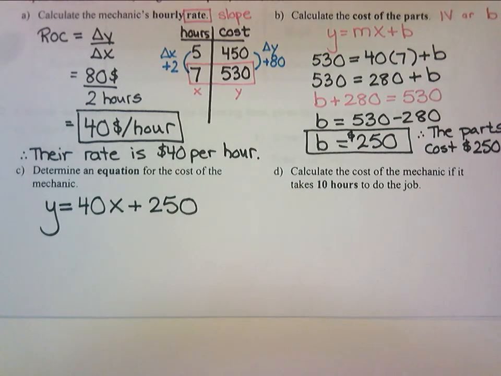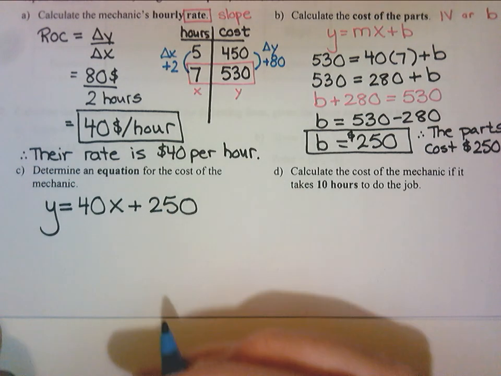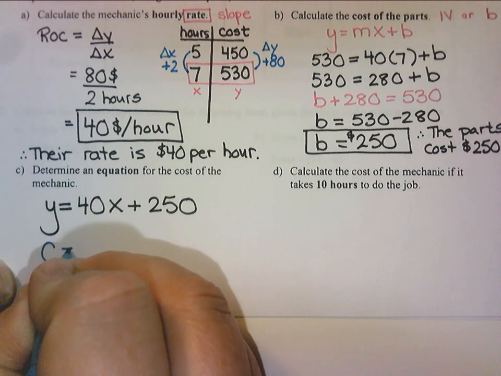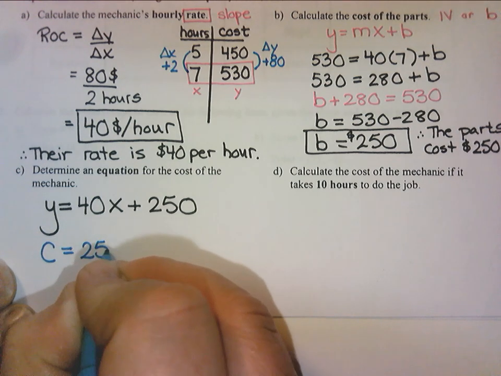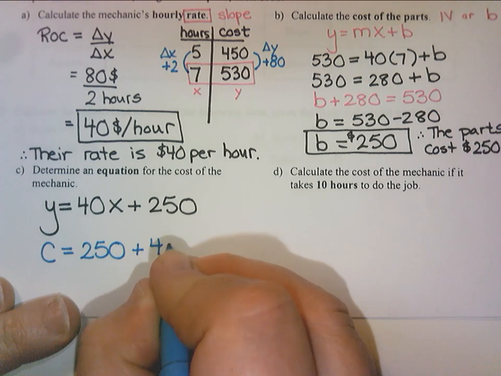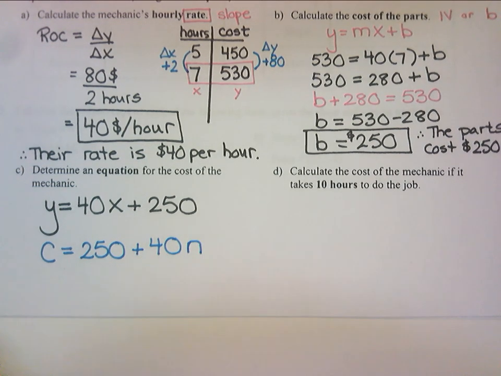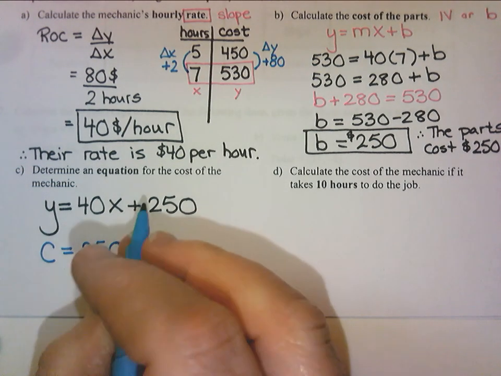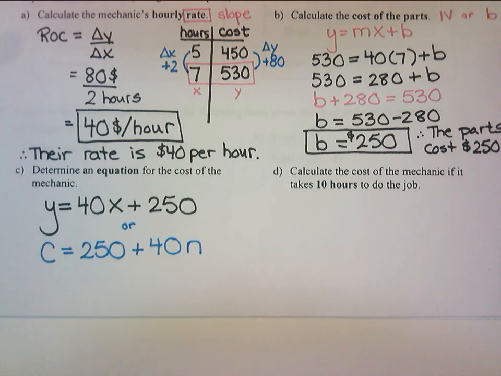The way we did it back when we did this unit in Unit 3, we might have written that C is 250, right? That's our initial value to start, plus $40 times N hours. Either one of those equations is fine.